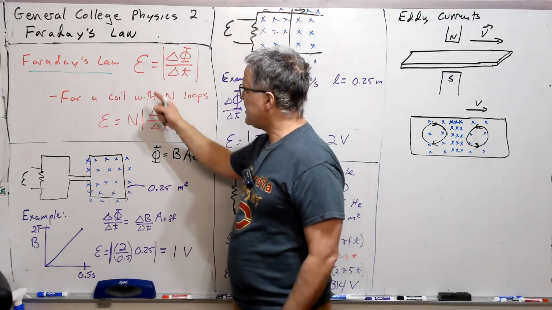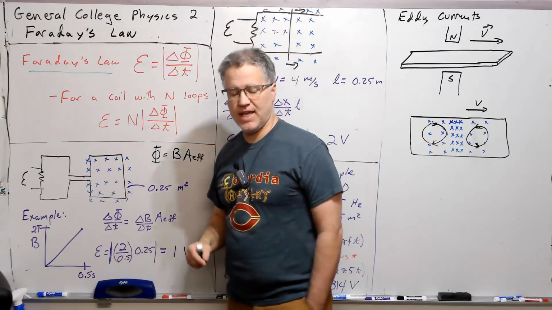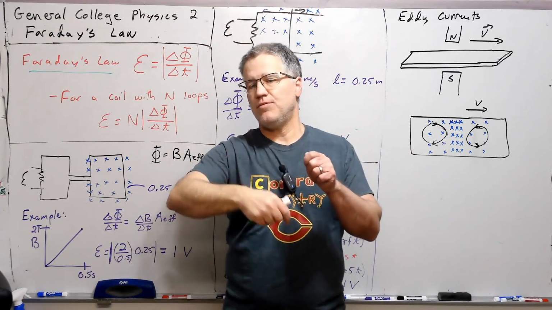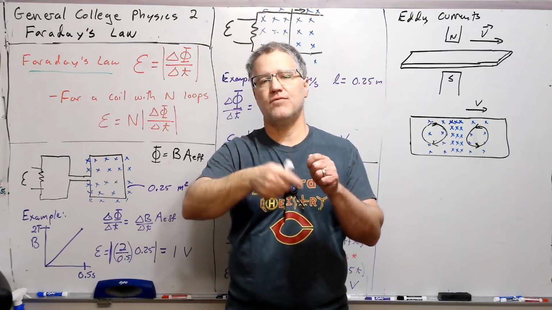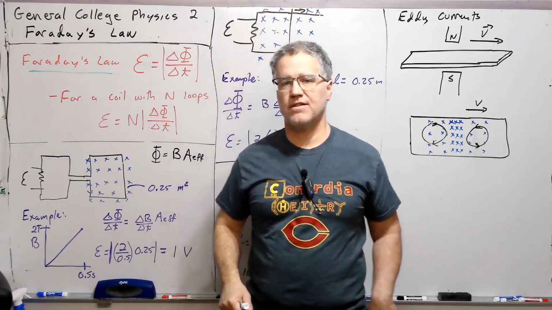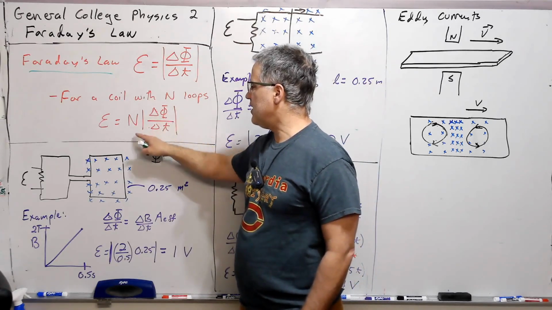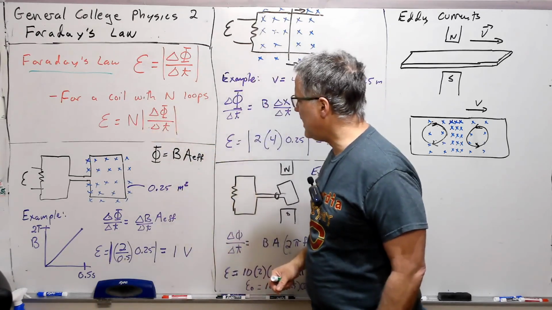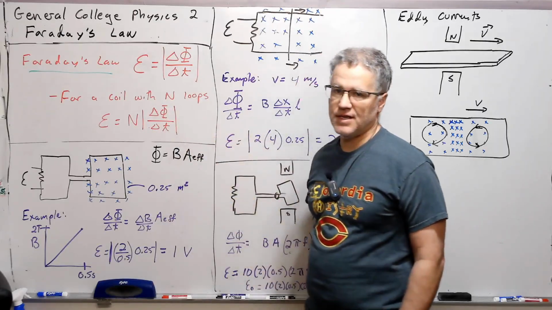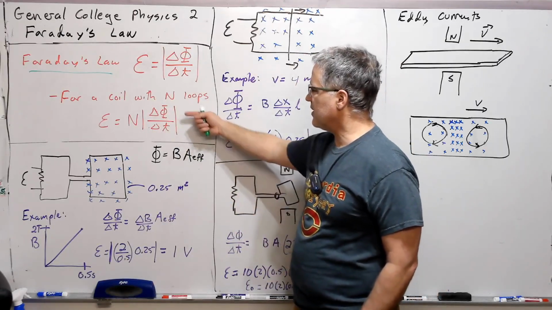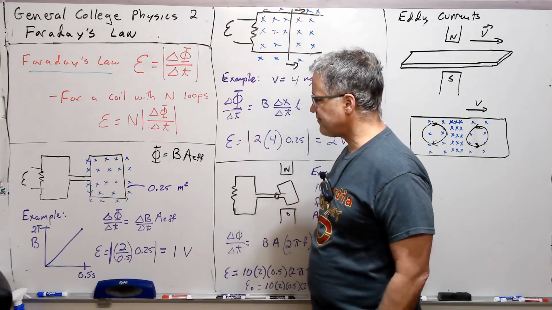Now, we can extend beyond just a loop, and we just get a simple multiplying factor. If we loop 4 times, then we get 4 times the voltage. So for n loops, we have n times this derivative, this change in flux with time.